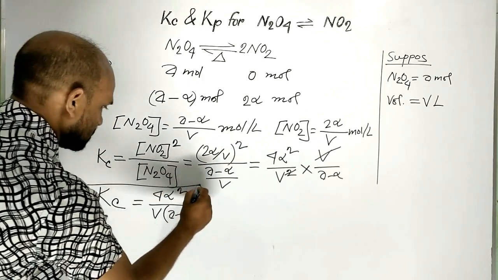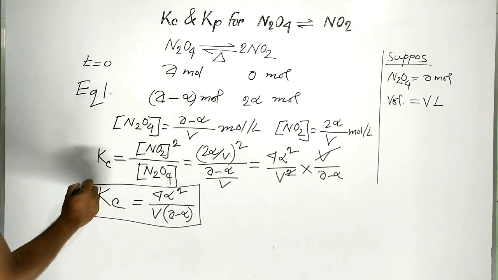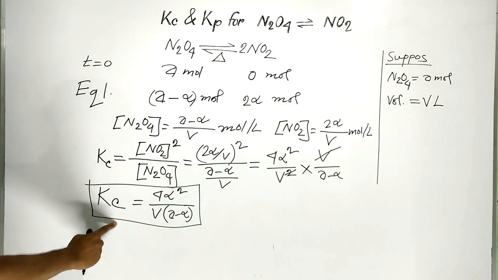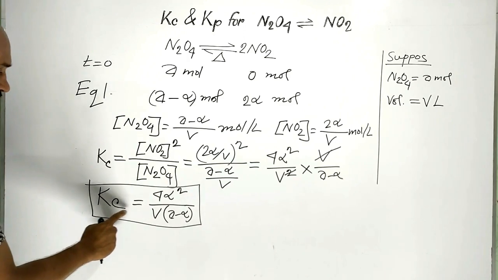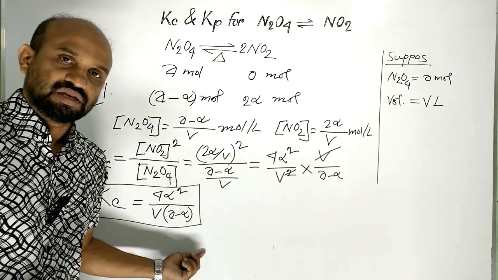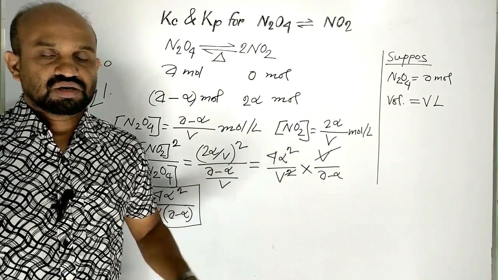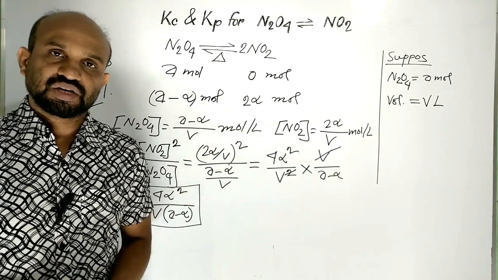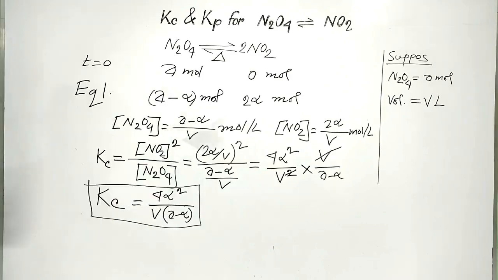This is Kc for this reaction. From this equation we can say that Kc is dependent on the volume of the reaction flask. That is, Kc increases with the decrease of the volume of the reaction flask. This is the significance of Kc for the reaction.